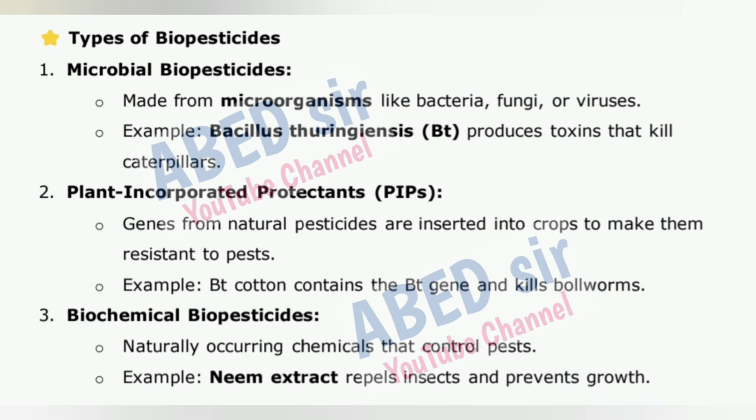Genes from natural pesticides are inserted into crops to make them resistant to pests. Example: Bt cotton contains the Bt gene and kills bollworms. 3. Biochemical biopesticides. Naturally occurring chemicals that control pests. Example: neem extract repels insects and prevents growth.